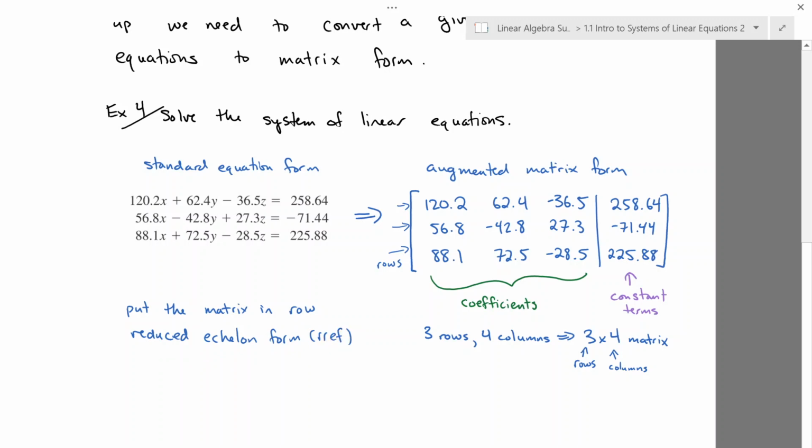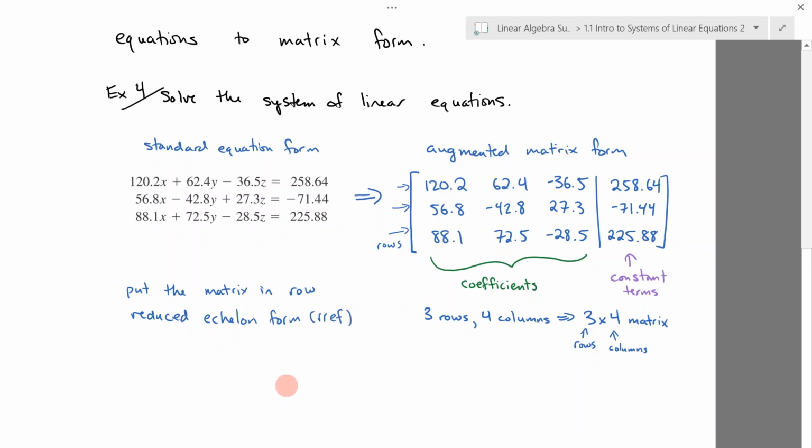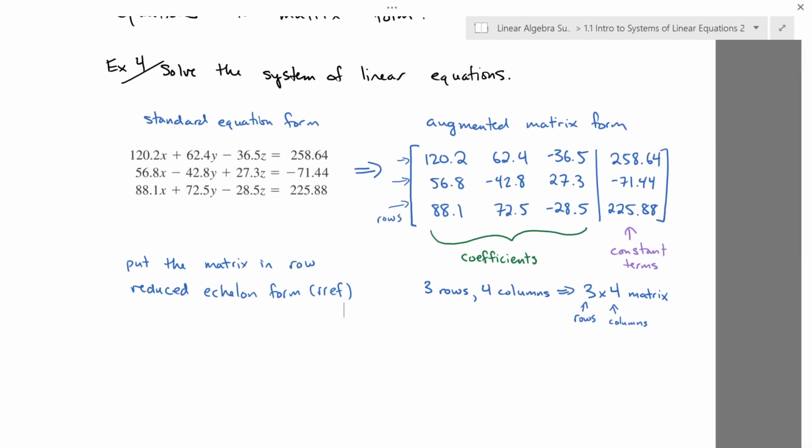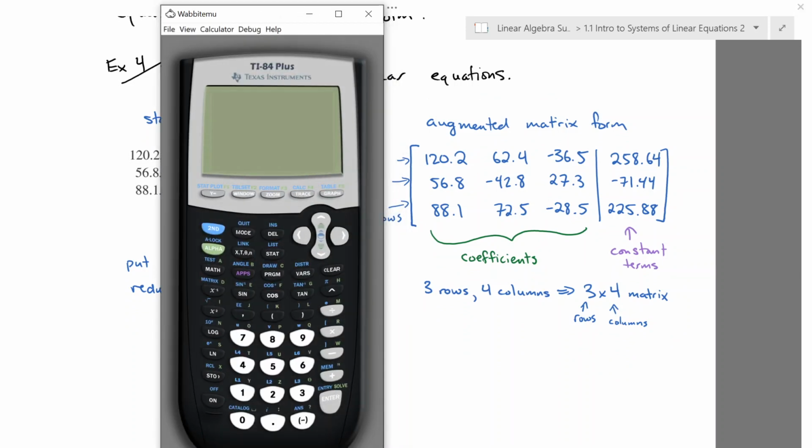Again, it's related to Gauss-Jordan elimination, which is discussed in the next section, so I won't discuss the terminology here. Okay, so row reduced echelon form.